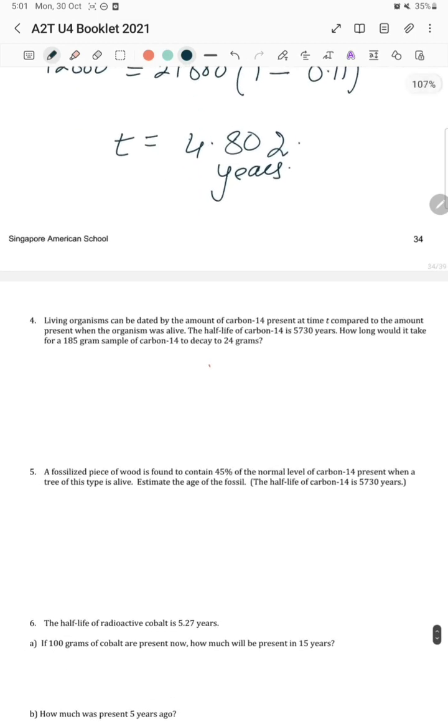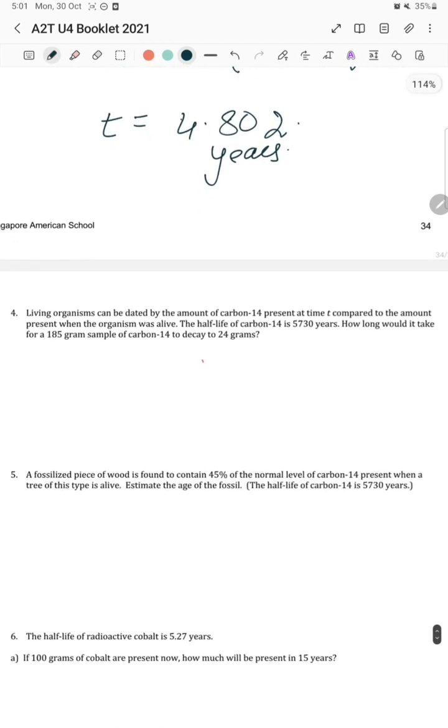Living organisms can be dated by the amount of carbon-14 present at time t compared to the amount present when the organism was alive. The half-life of carbon-14 is 5730. How long would it take for a 155 gram sample of carbon-14 to decay to 24 grams? So it's decaying to 24 grams, and total was 155, and it's the half-life t by 5730.